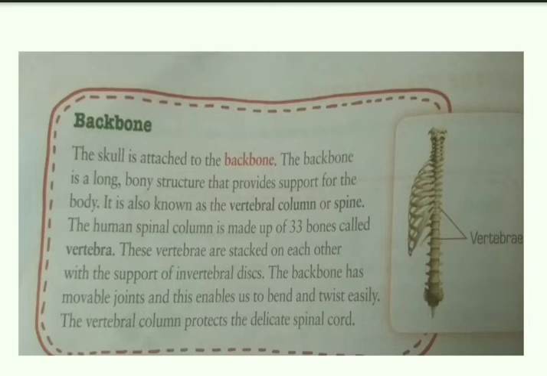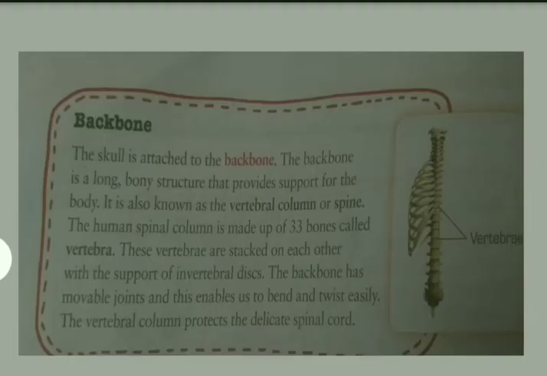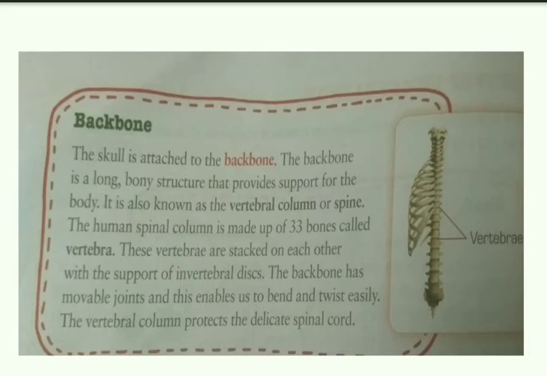These vertebrae, that is the bones of the backbone, are arranged on each other with the help of discs. These discs hold the bones together and allow a slight movement. As the backbone has movable joints, it allows the backbone to bend or twist. It protects the delicate part called the spinal cord.